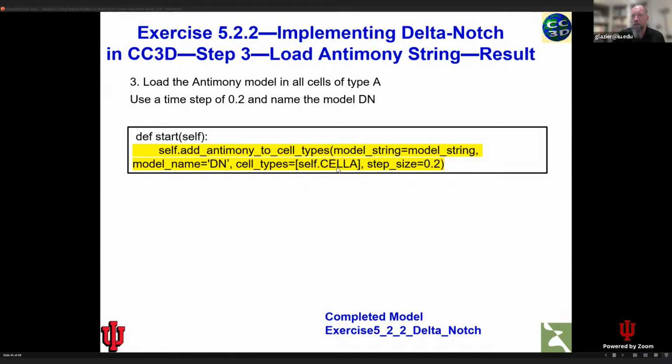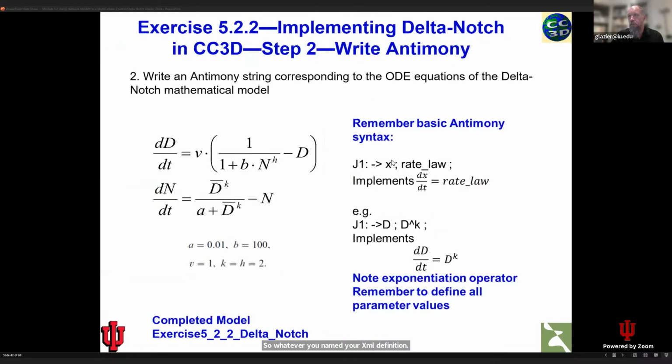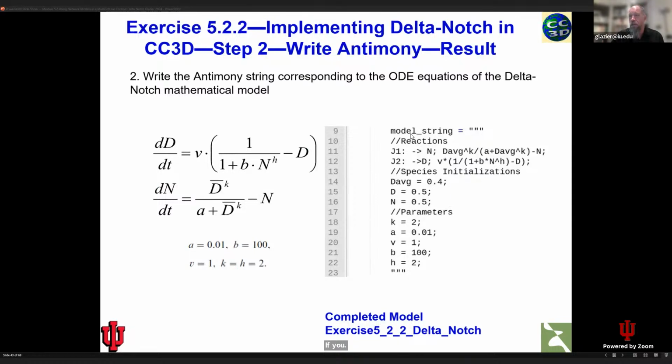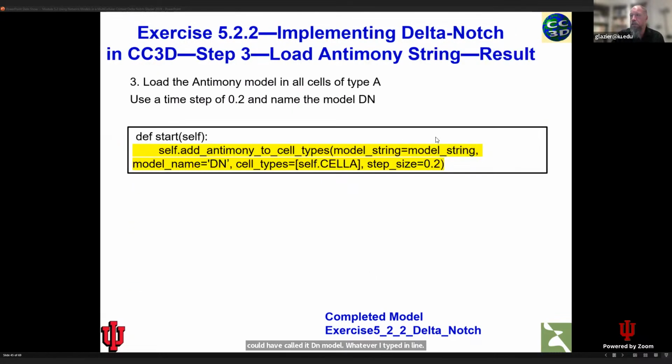I called my cell type cell A, but if you gave your cells a different name, use whatever name you used. So whatever you named your XML model definition, if you typed here, I called my model string. I could have called it DN model. Whatever I typed in line 9 for the variable that holds the model string, use that here.